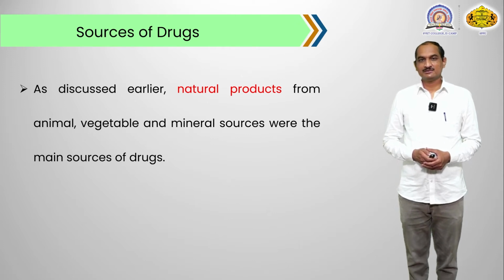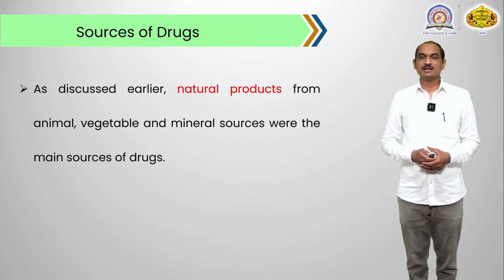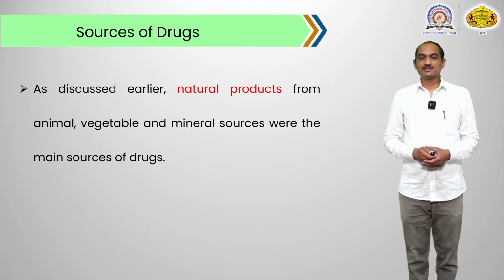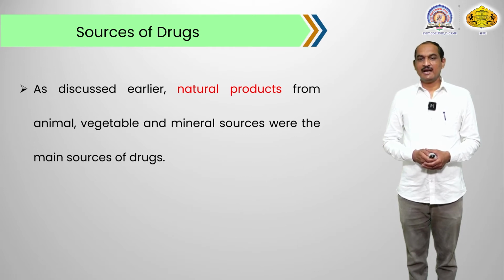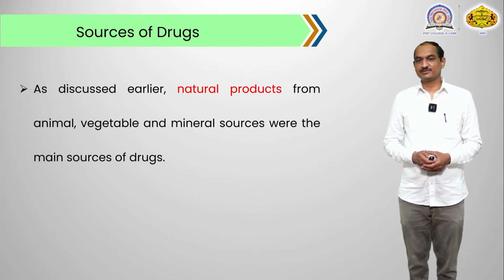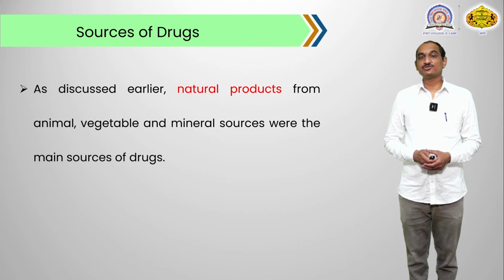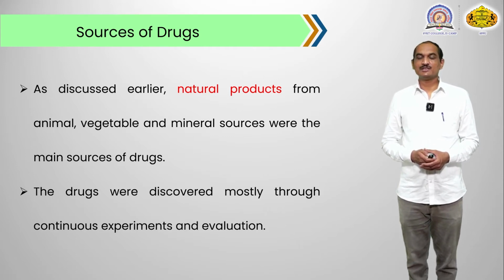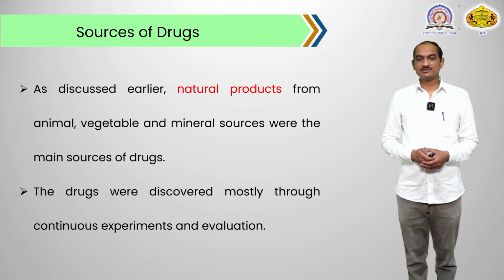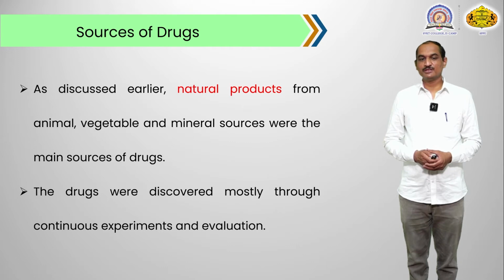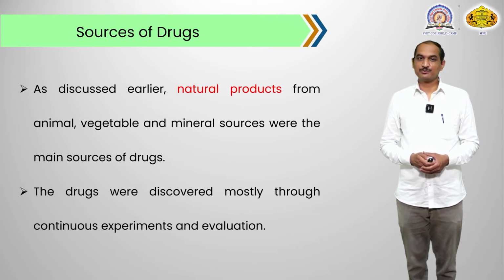We know, as in the earlier discussion in the previous session, different natural products from animal, vegetable and mineral sources were the main sources of drugs. The drug molecules are obtained from these different types of main sources, and the drugs were discovered mostly through continuous experiments and the evaluation process.